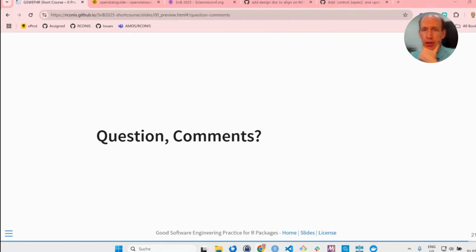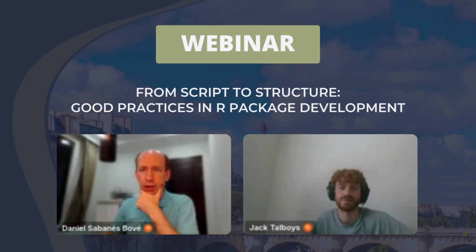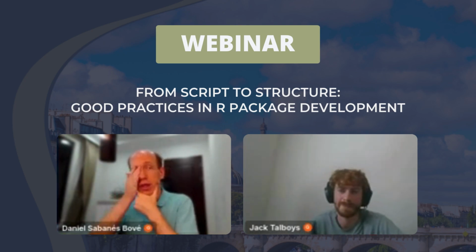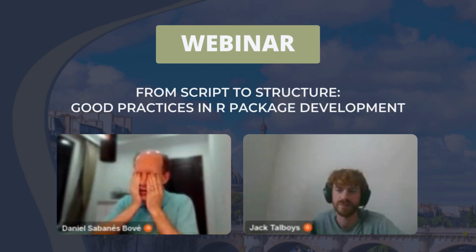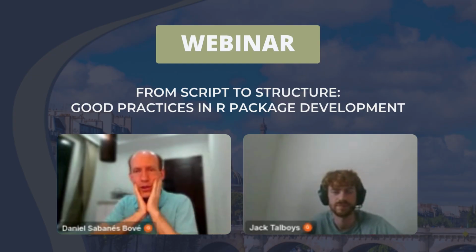Okay. Any more questions or comments? There was maybe one from the questions that I haven't answered, around ensuring the stability of packages you're depending on. Part of the OpenStats guide is that sometimes it's worth fixing the versions of the packages you depend on using renv lock files.